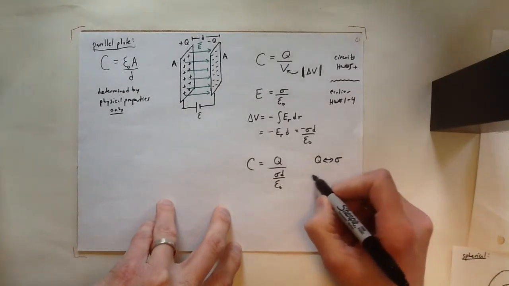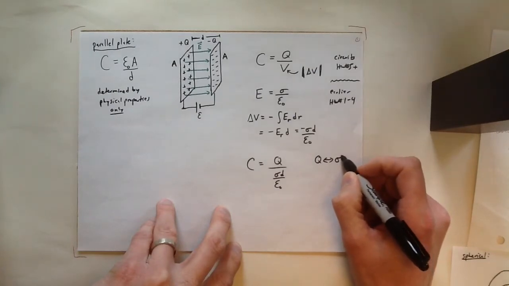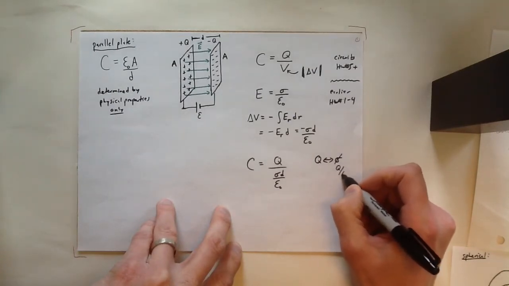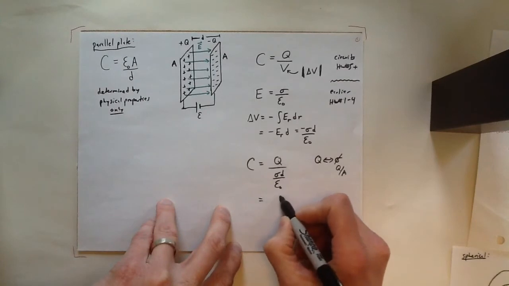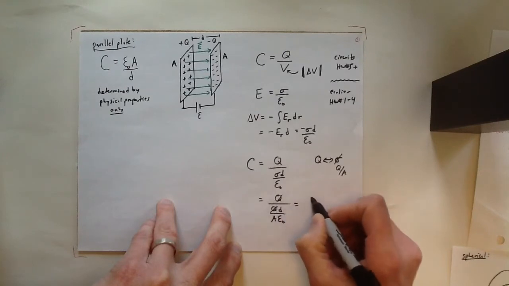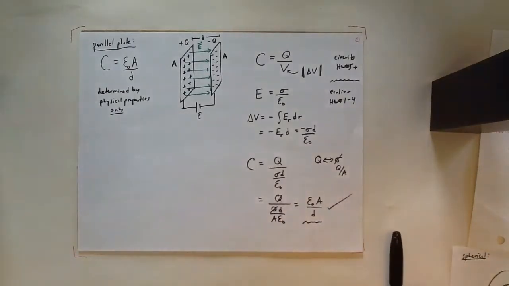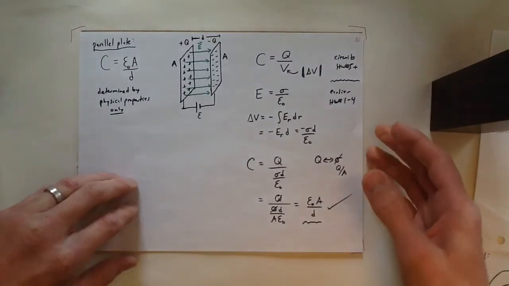So remember that sigma is also Q over A. So let's put that in there: Q D over A epsilon naught. We cancel the Q's, and presto, we have where that capacitance formula comes from for the parallel plate capacitor.